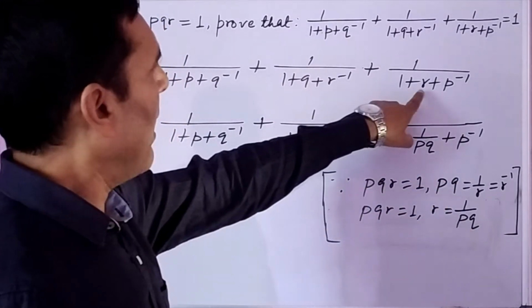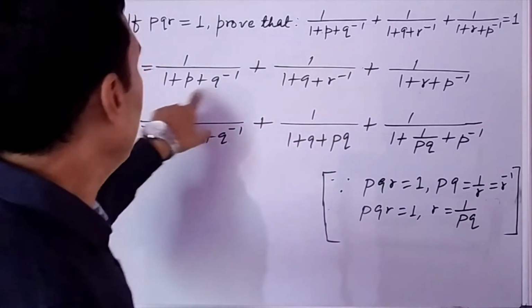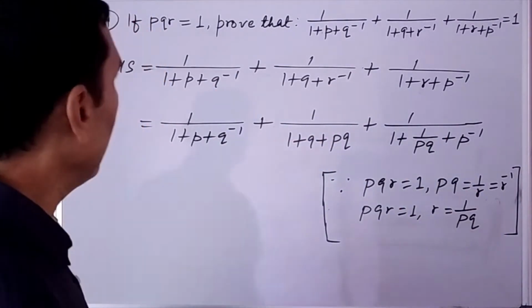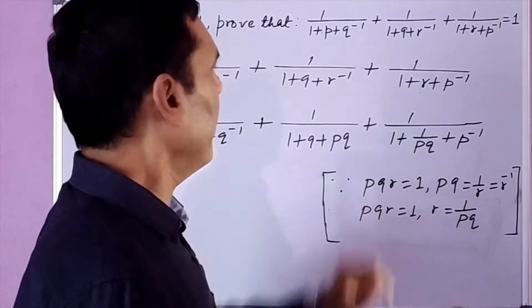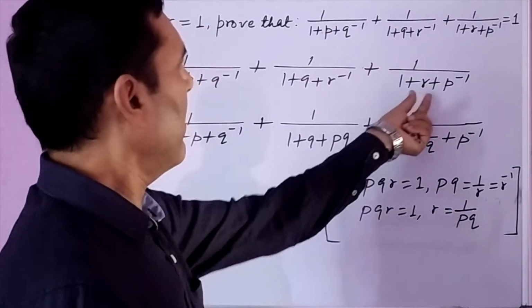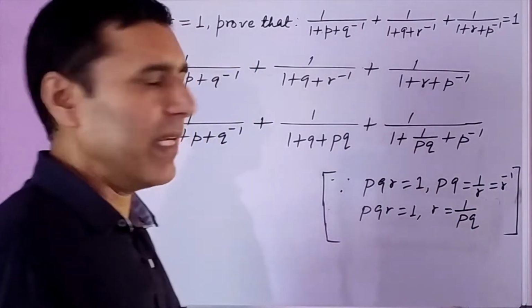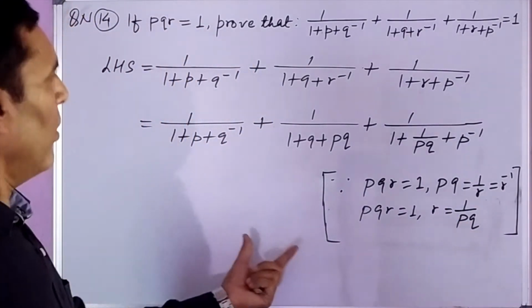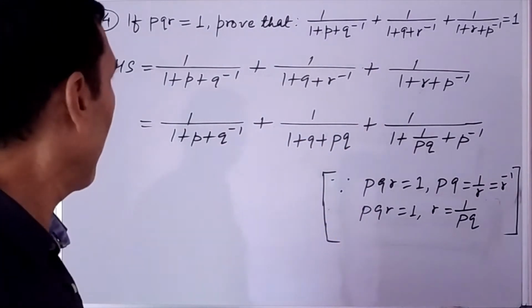And for this R only in the third denominator. In the first denominator there is no R. In the second denominator there is R to the power minus 1, and for that we have written PQ. In the third denominator there is R, and for R we have written 1 upon PQ. By doing so, now if you simplify the denominator, we will get the same denominator.